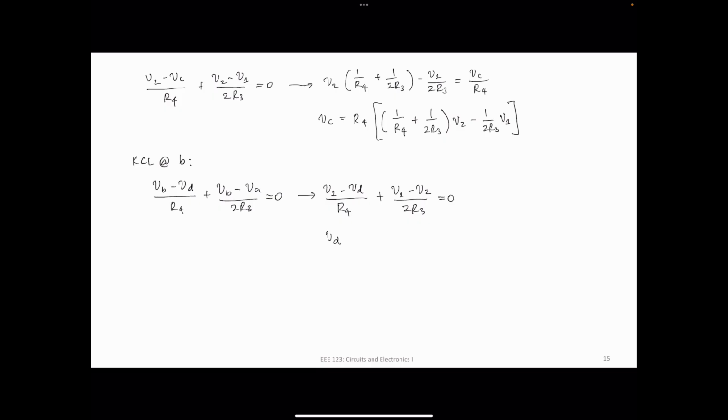VD is going to be equal to R4 multiplied by 1 over R4 plus 1 over 2R3 multiplied by V1, minus 1 over 2R3 multiplied by V2. Yeah, that's right, no?